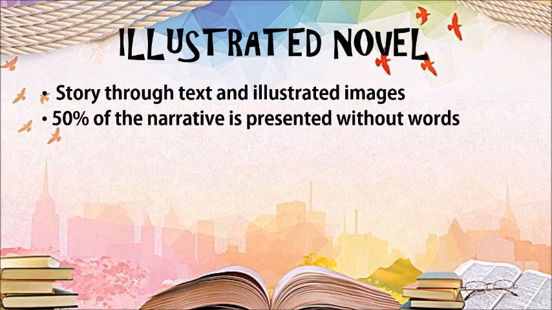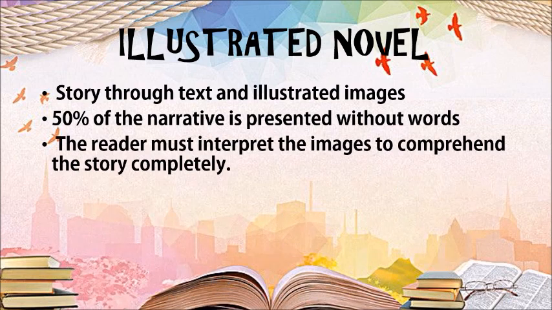Number 2, 50% of the narrative is presented without words. As I said earlier, readers tend to understand the context of the novel based on the illustrated images presented. And number 3, the reader must interpret the images and comprehend the story completely.